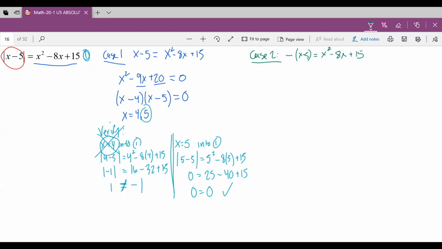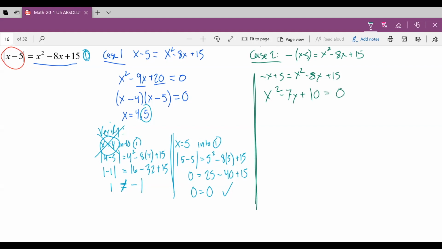So when I simplify case 2, I get negative x plus 5 equals x squared minus 8x plus 15. All right. And now let me consolidate my terms all on one side. x squared minus 7x plus 10 equals 0.